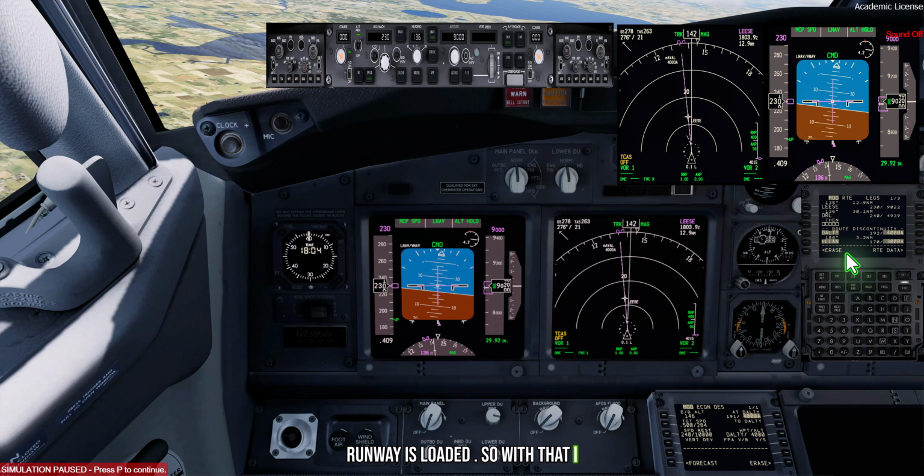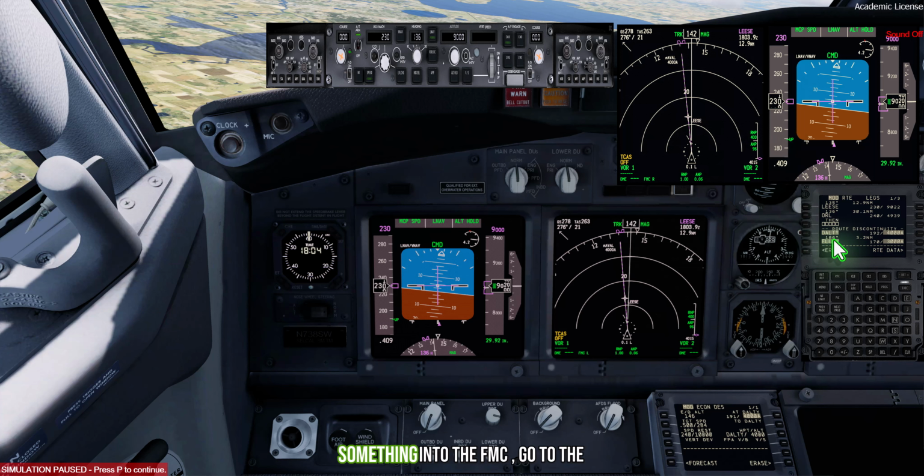So with that, I want to not only see that it is loaded in the FMC, however, in either one of these nav displays, do we have anything showing that the approach waypoints are loaded? No, we don't. And here's what is important. This is something I've mentioned in some of the other modules.